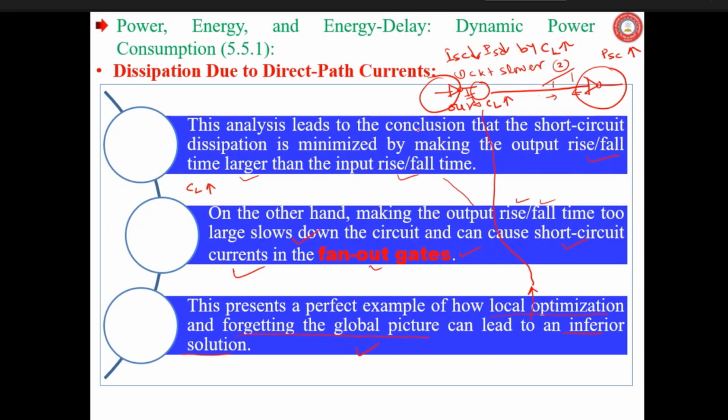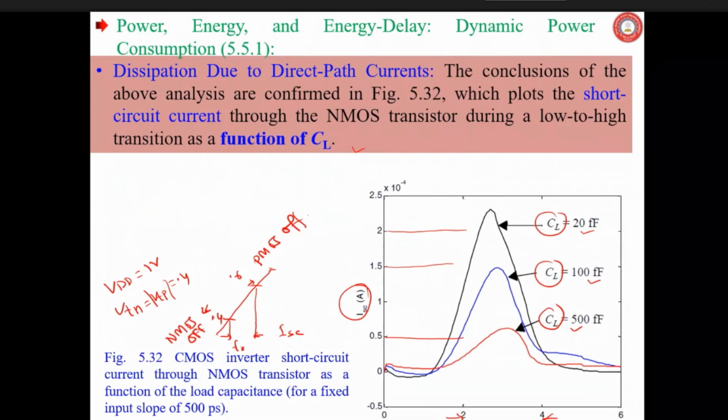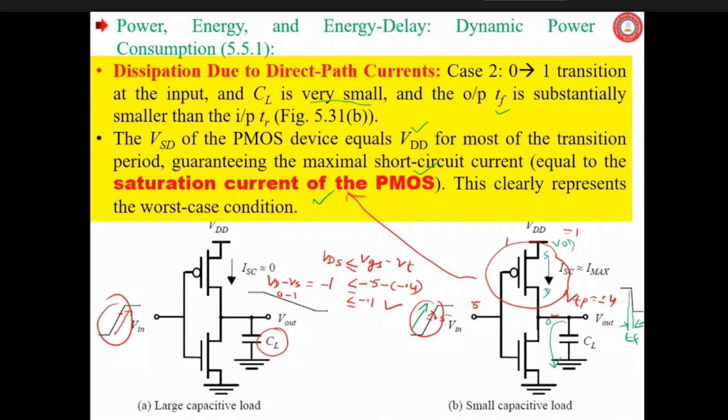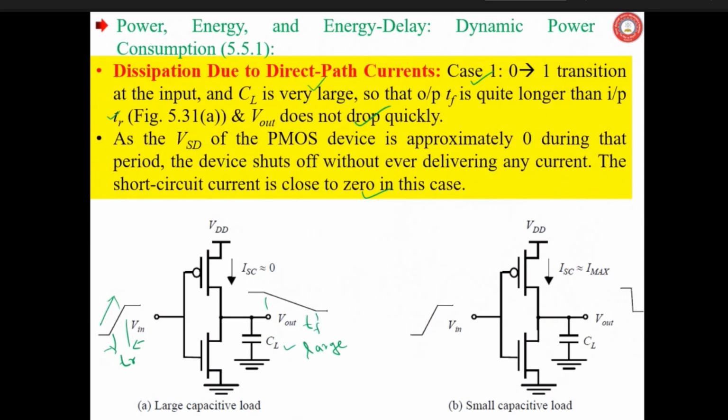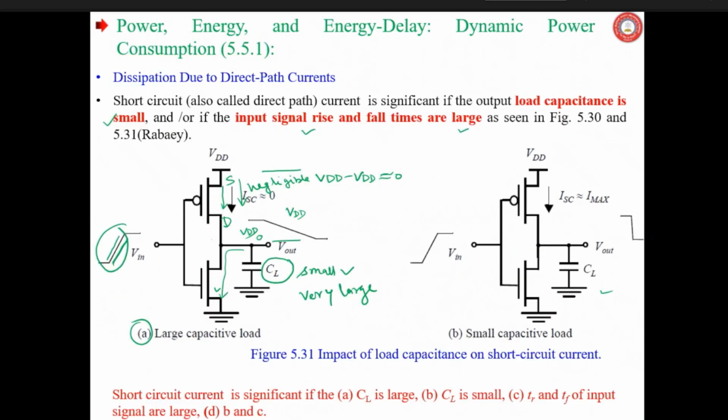This analysis leads to the conclusion that the short circuit dissipation is minimized by making the output rise and fall time larger than the input rise and fall time. This is to be understood. Did I discuss this earlier? No, I don't think. It's not discussed.